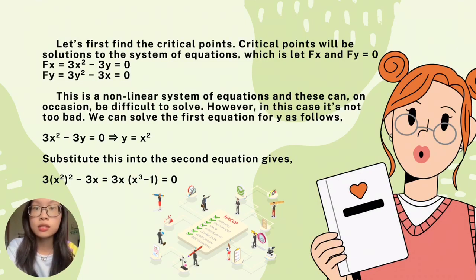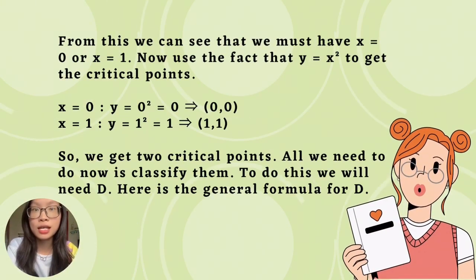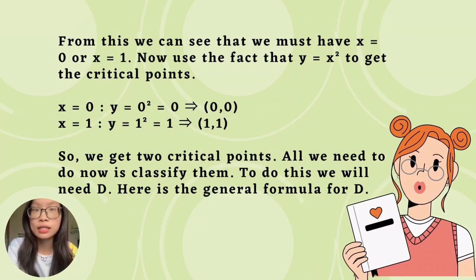Substitute this into the second equation gives 3x squared minus 3x equals 3x(x cubed minus 1) equals 0. From this, we can see that we must have x equals 0 or x equals 1. Now, use the fact that y equals x squared to get the critical points.